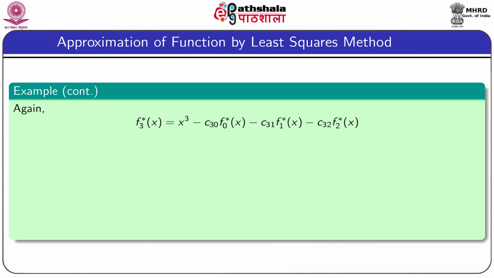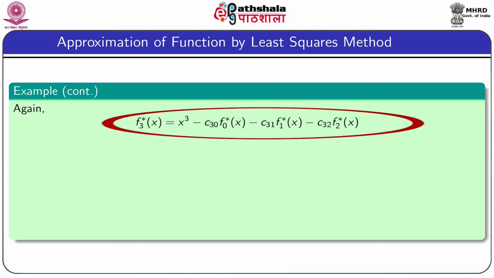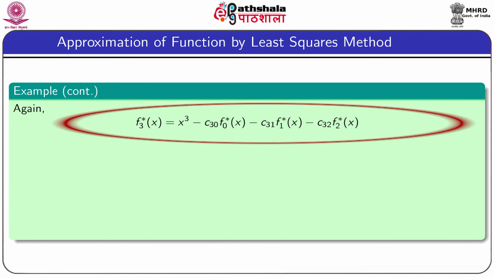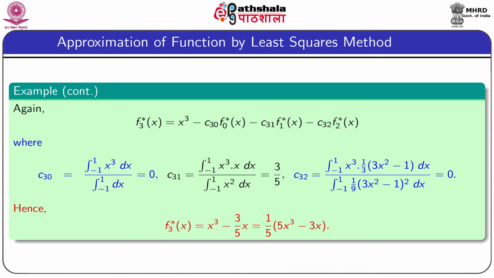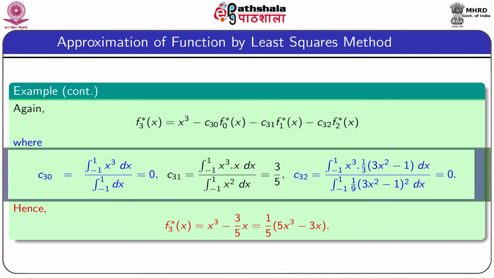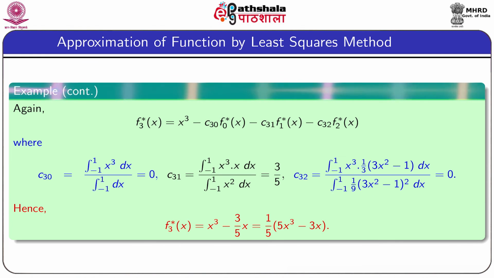The fourth orthogonal polynomial f3*(x) equal to x cube minus c30 f0*(x) minus c31 f1*(x) minus c32 f2*(x), where c30 is 0 because the integrand in the numerator is an odd function, c31 is 3 by 5, and c32 is also 0 since the integrand in the numerator is also 0 for this case.